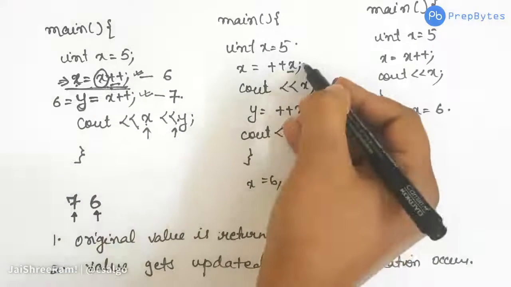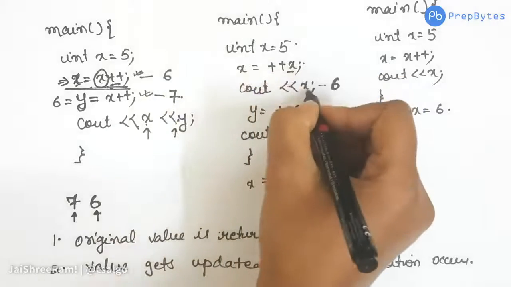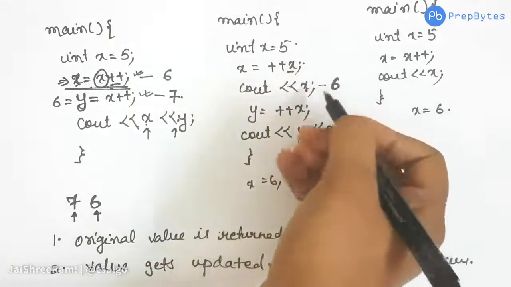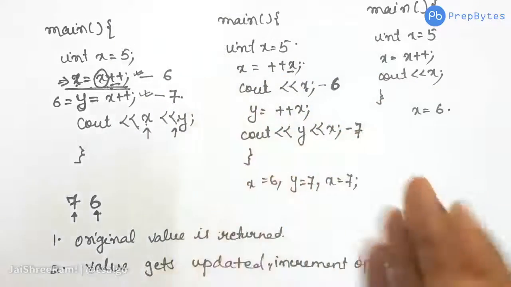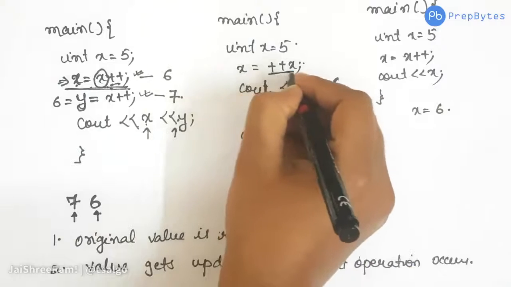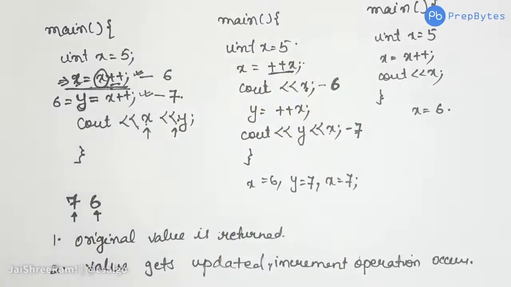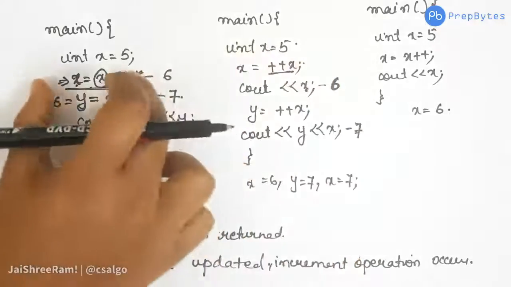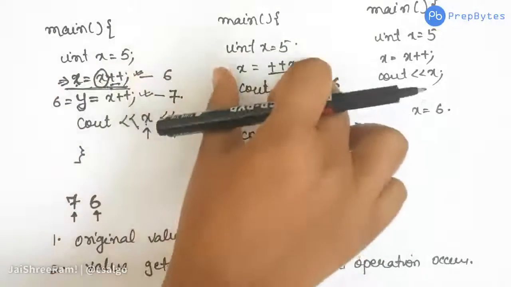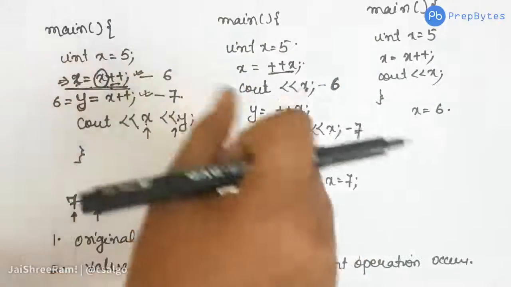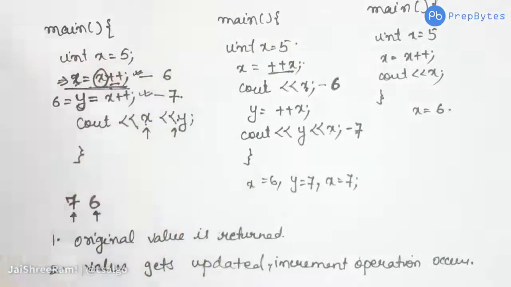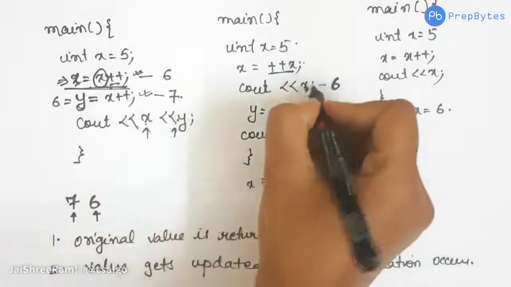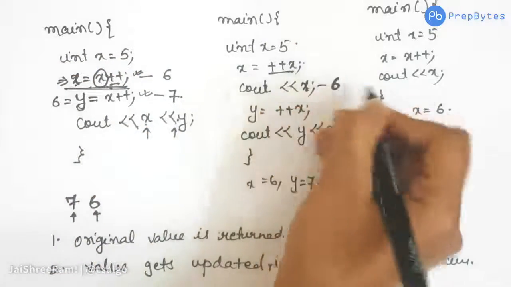Now, coming here, if I print x, I will get the value of x as 6 only, because this is a prefix increment operator. And as I said before also, in these cases, whether you use postfix or prefix does not matter, the result of x is going to be x only.